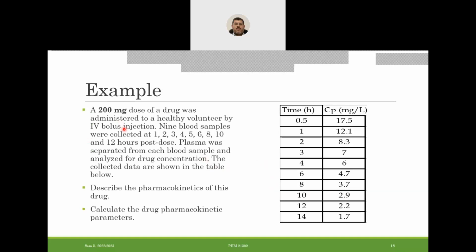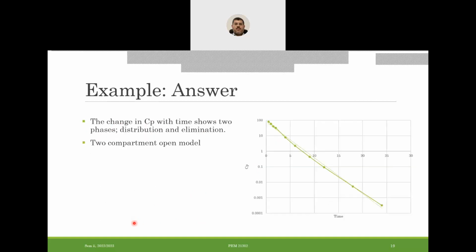Okay? So here, for this set of data, we have concentration in plasma versus time. Then we want to describe the pharmacokinetics of this drug and calculate the pharmacokinetic parameters. As we say, the first thing is to plot. Then we see if this is a straight line or there is a biexponential decrease in the concentration.